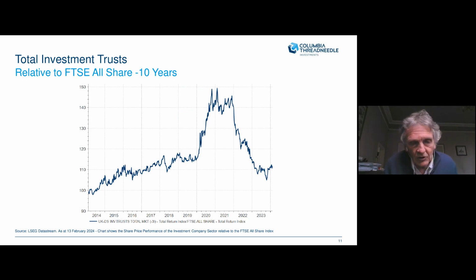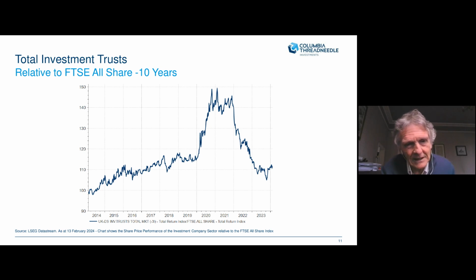So let's look at investment trusts generally, and this chart I'll explain to you. Simply put, it's the investment company sector relative to the all-share index over the last decade. If the line is rising, investment companies as a sector are outperforming. And the reverse is true when the line is falling. So you can see there from 2014, actually from sort of 2010, 2011, the investment companies have steadily outperformed the all-share index.